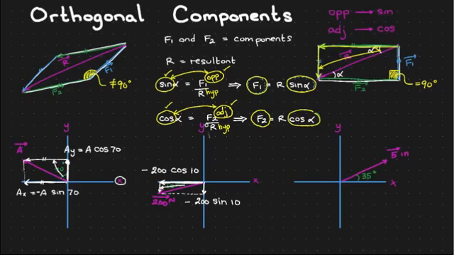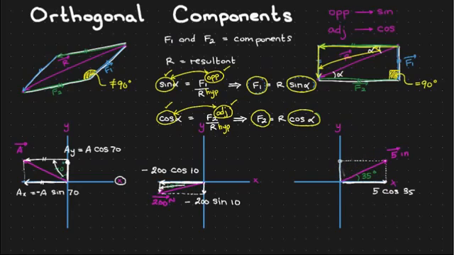The third exercise, I have a vector which has a magnitude of 5 inches and it makes an angle of 35 degrees with respect to the positive x-axis. I'm interested in finding the x component projected onto the x-axis, and that would be equal to 5 cosine 35 because it is adjacent to the angle 35 degrees, and I'm projecting it onto the y-axis.